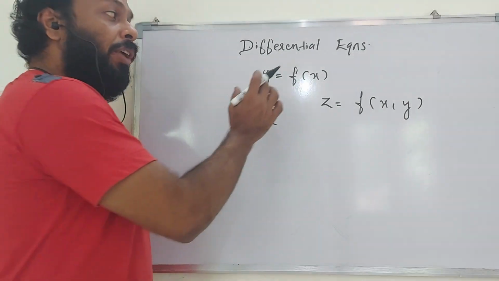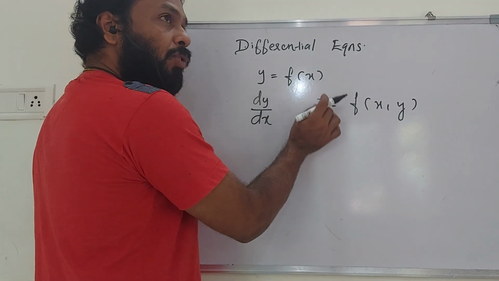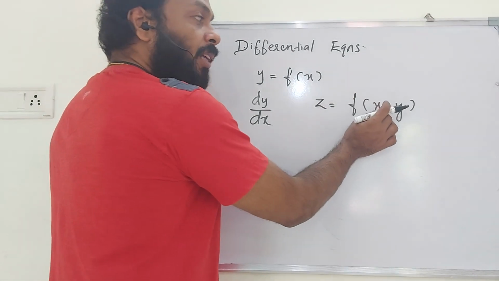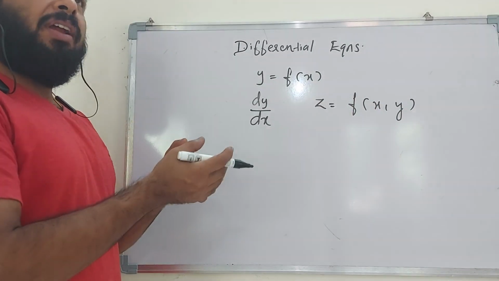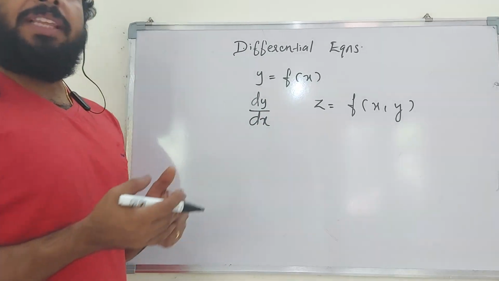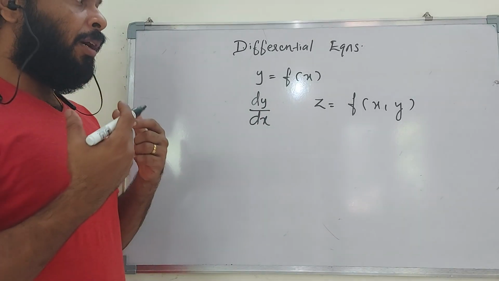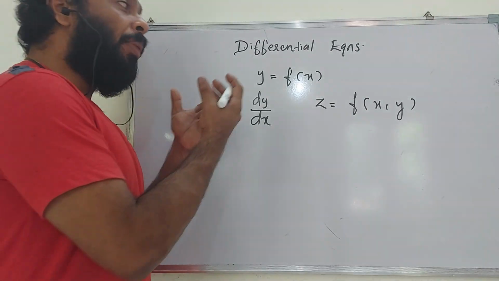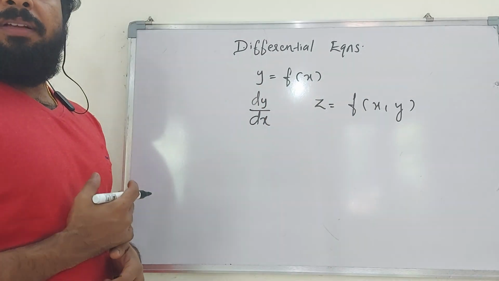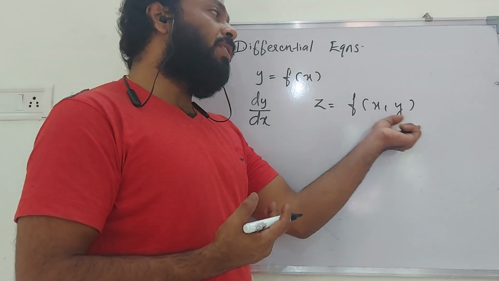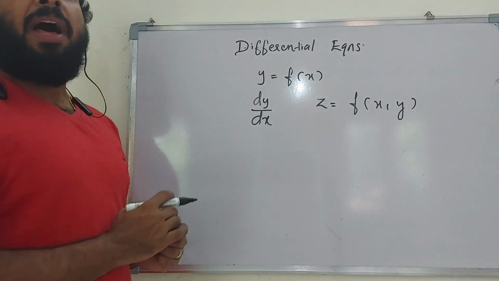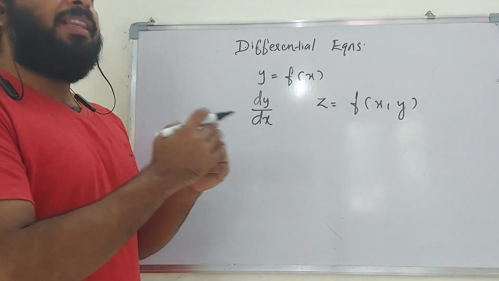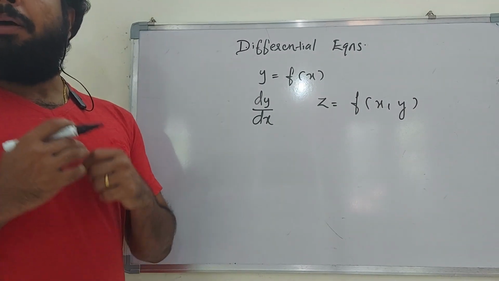Okay, so we can consider the rate of change of z partially with respect to x and partially with respect to y. If we consider the rate of change of z with respect to x, it cannot completely determine the rate of change. There is also rate of change with respect to y. So with respect to x, there is only a partial change in z, and with respect to y also there is only partial change.